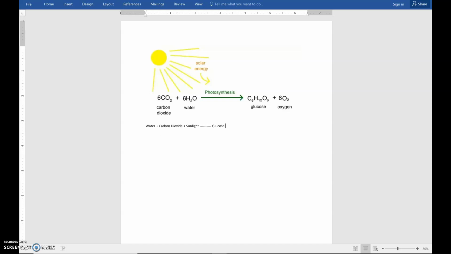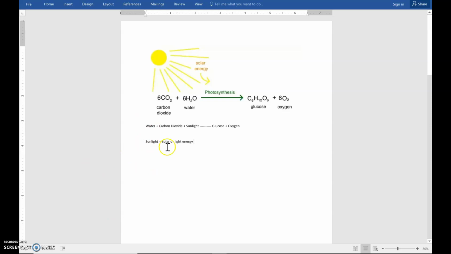And when we have those things, we can then get out on the other side glucose and oxygen. This is an important process because this is how a plant grows. This is how a plant gets energy. The plant is able to take sunlight, and sunlight is a type of solar energy, right? So sunlight equals solar or light energy.